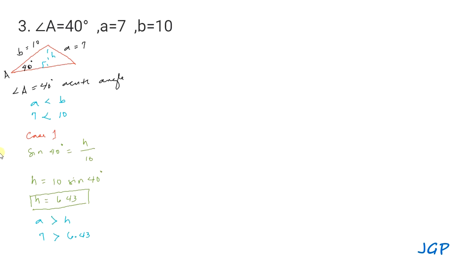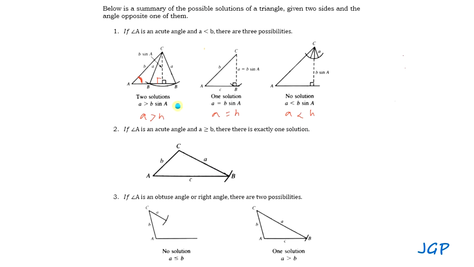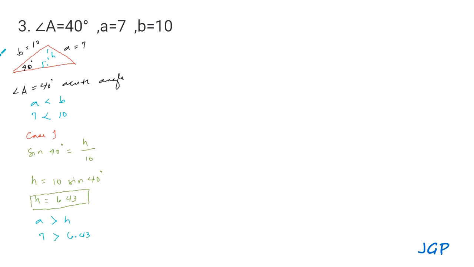So, meaning your side A is greater than the value of the height. So, therefore, how many solutions do we have? If that is greater than, meaning we have 2 solutions. So, this time, we have 2 solutions. So, ibig sabihin, we have 2 triangles will exist.